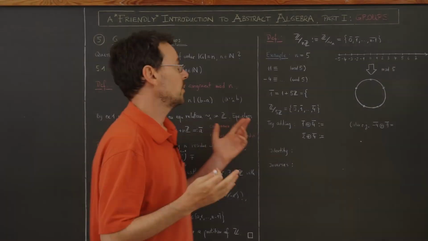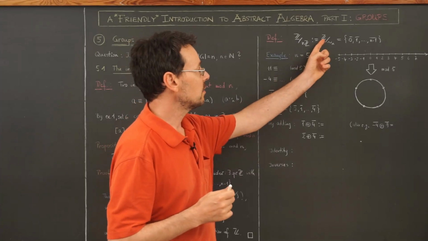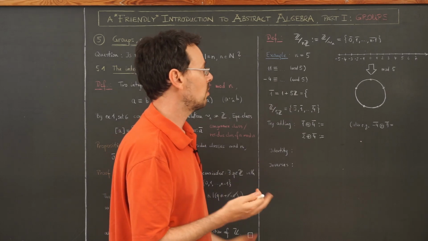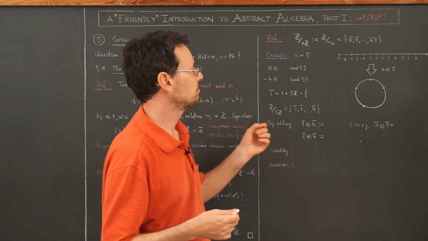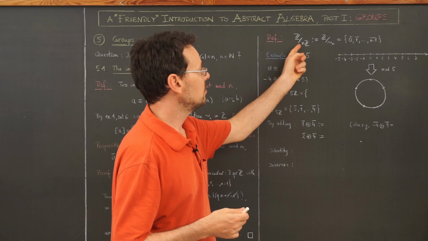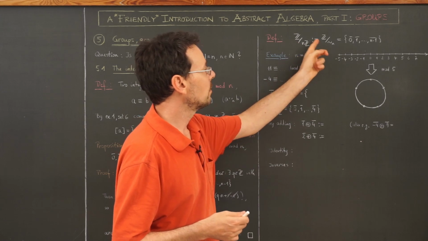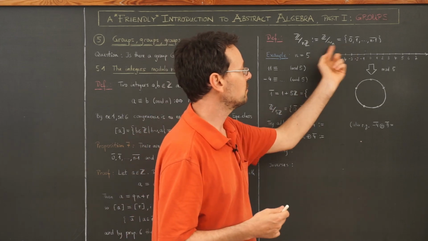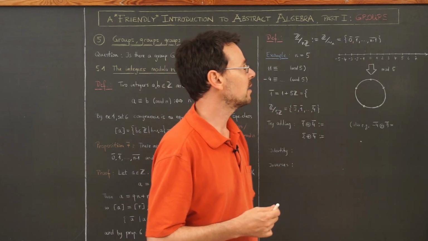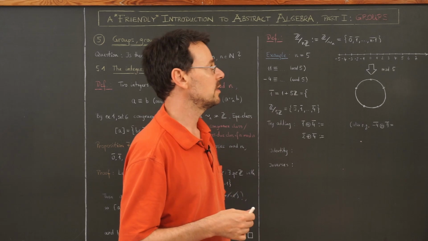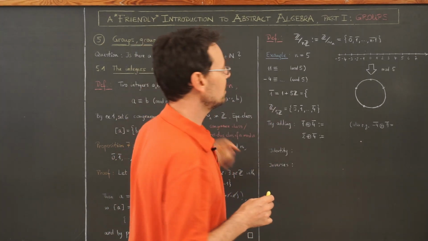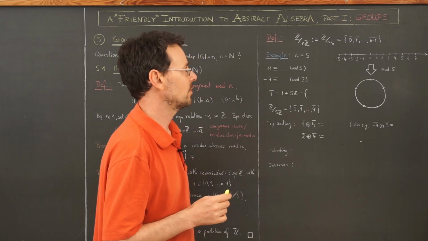Now we define the factor set of the integers modulo this equivalence relation of congruence as Z mod nZ, and as we have just seen, this factor set consists of n distinct equivalence classes.